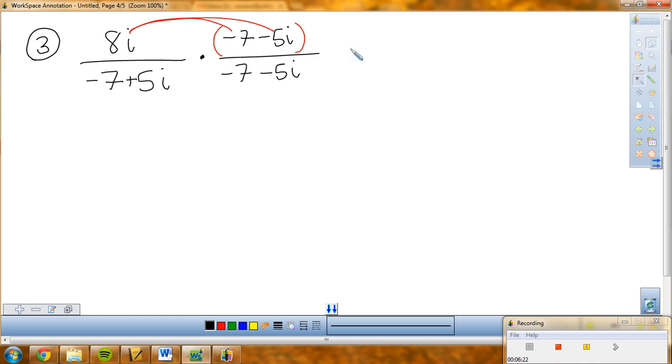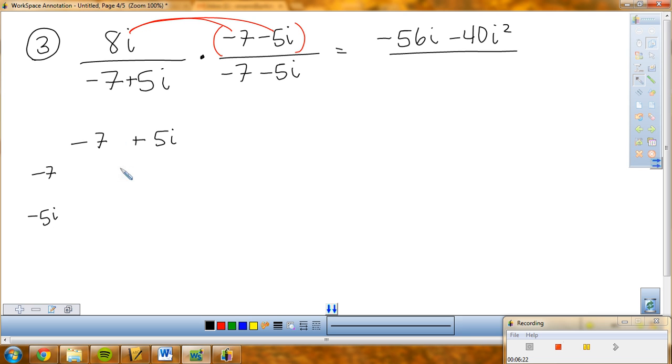So here I have my 8 times negative 7 is going to be negative 56, and my i comes along. 8 times negative 5 is going to be a negative 40, and i times i gives me i squared, over, and here I'm going to do my box, negative 7 plus 5i and negative 7 minus 5i, gives me 49, negative 35i, negative times a negative gives me positive 35i, and we really have to be careful on this last box.